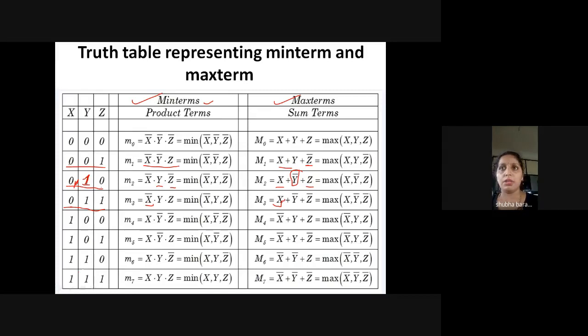Similarly, 1, 1, 0 is written in SOP or min term form as x y z bar, and in max term form 1 is written in its complemented form, which is x bar, y bar plus z. समझ में आया? Is this understood, everyone? Yes, ma'am.